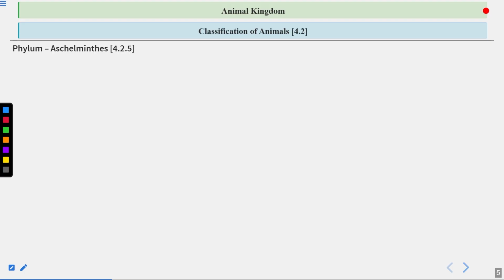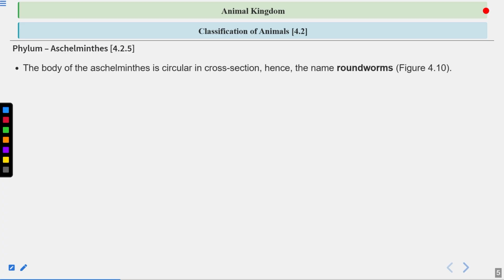So first of all, we will deal with the phylum Aschelminthes. Aschelminthes are also called roundworms. I hope you all know why.